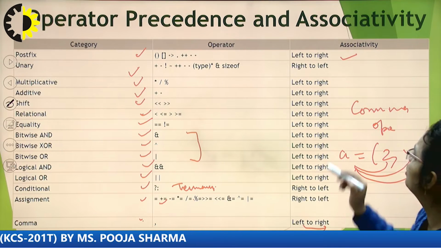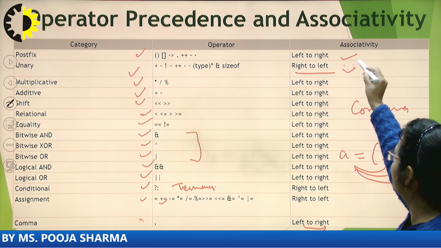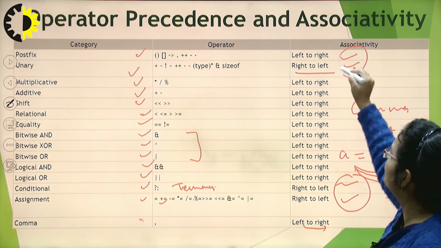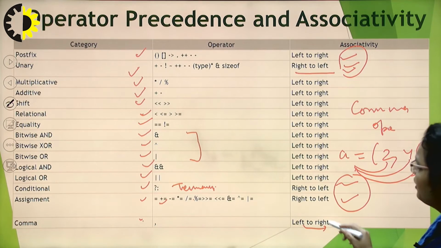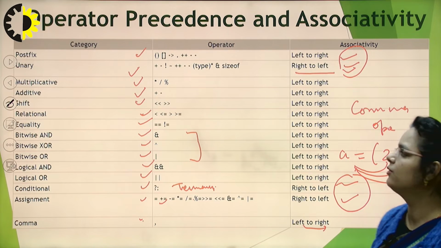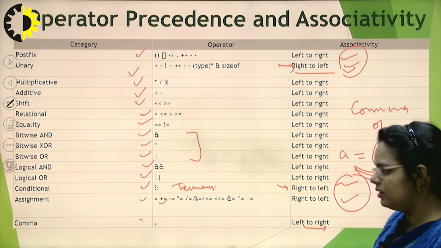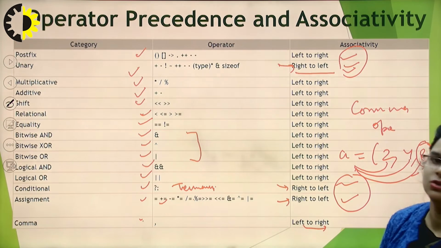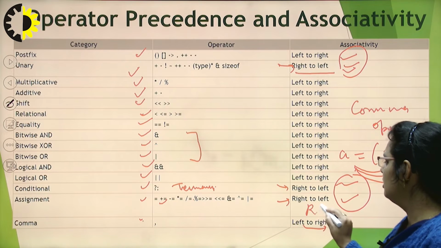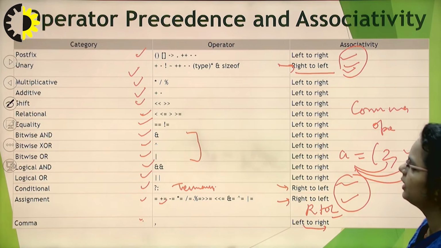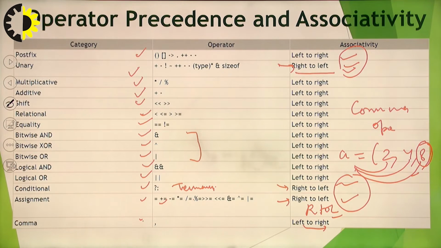Only the unary operators, the conditional and ternary operators, and the assignment operators have associativity from right to left. Otherwise, all other operators have associativity from left to right. So this is all about operator precedence and the table. This table specifies everything.